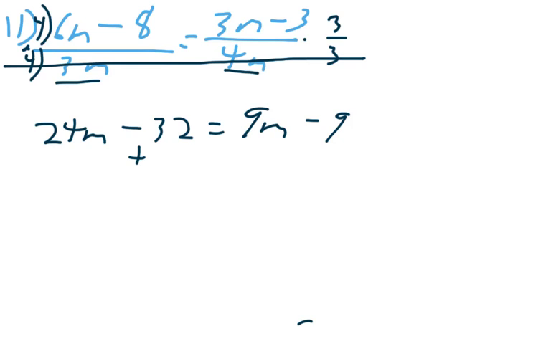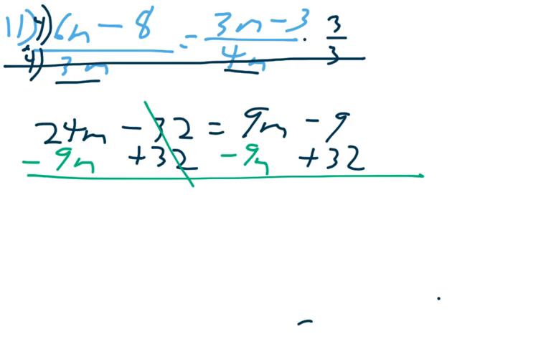I'm going to add 32 to both sides. I'm going to subtract 9m from both sides. And I get 15m equals 23.